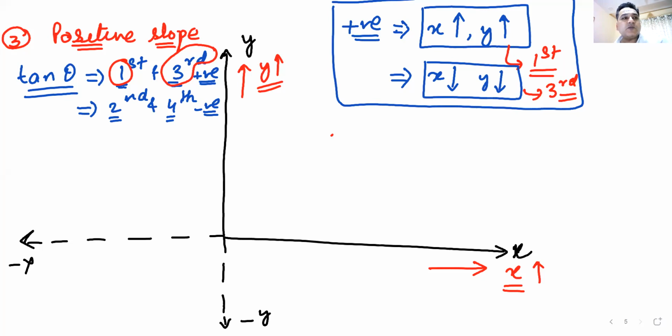Can anyone tell me what do you mean by x decreasing? If I'm moving along negative x-axis or towards left, x value decreases. Going to the left side. Correct, Santosh. Yes, x is decreasing.